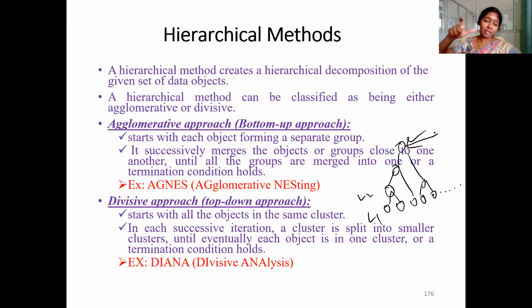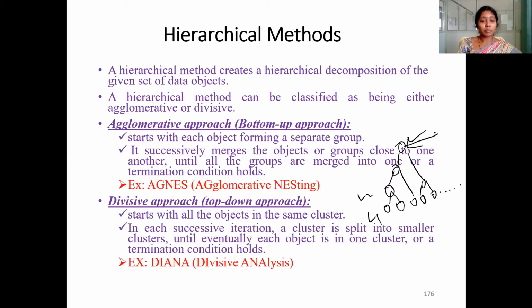That means that single cluster is split into 2 or more clusters, and in level 3 you may have 5-6 clusters. That is also based on some dissimilarity. That means the data points which are more dissimilar can be split into different clusters. In this way you have the divisive approach of forming the clusters, and that process repeats until each data object belongs to an individual cluster or a certain criterion is satisfied.